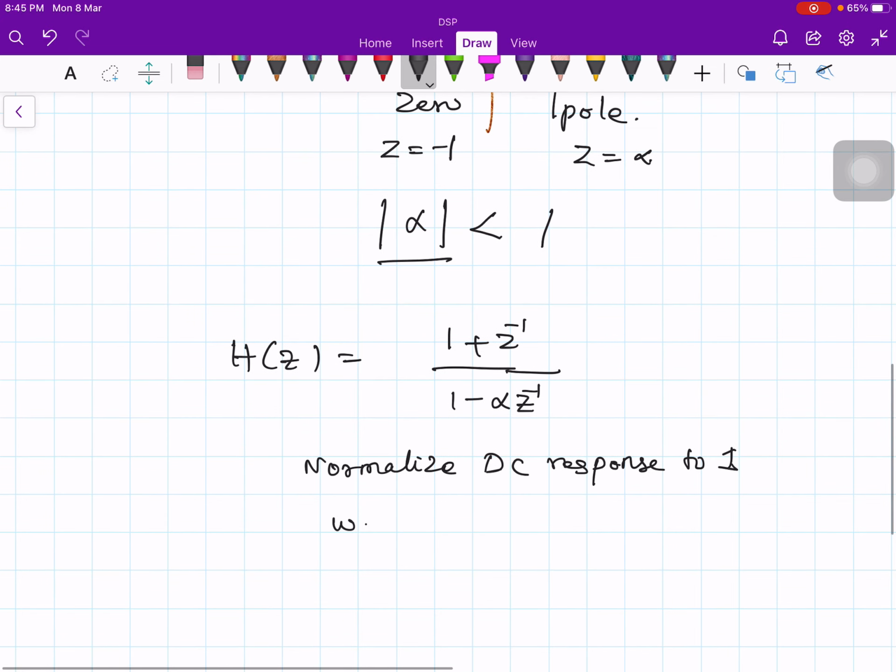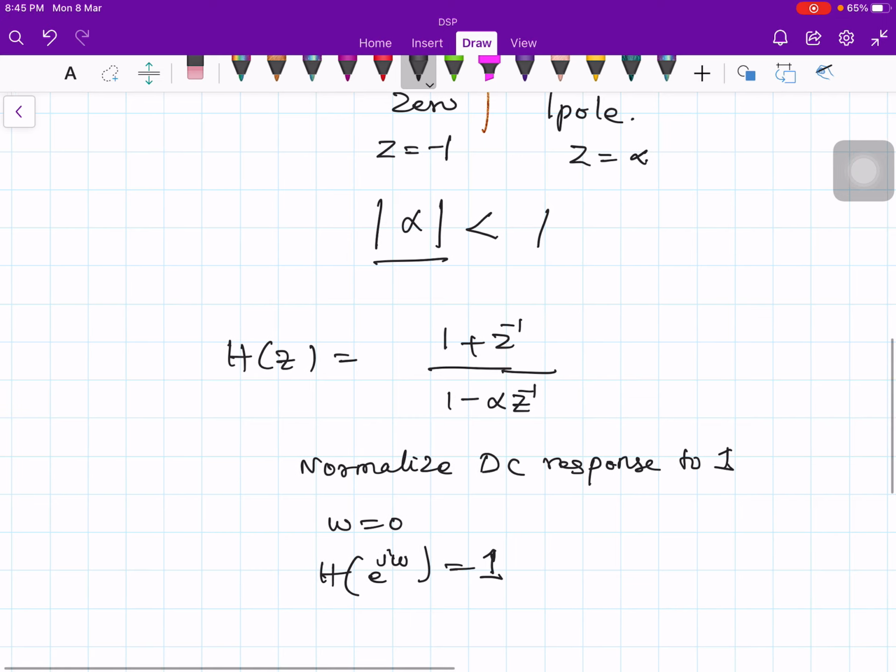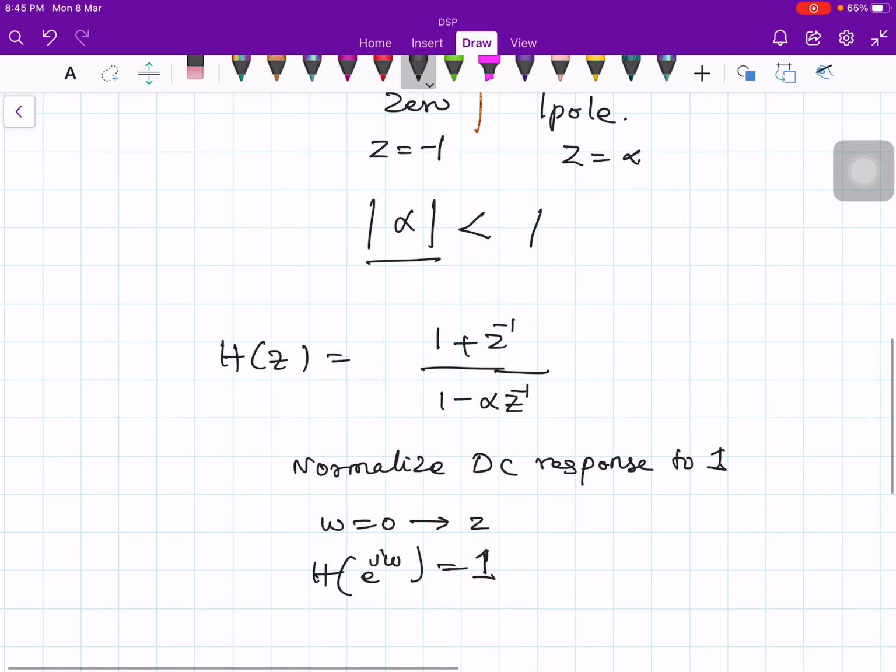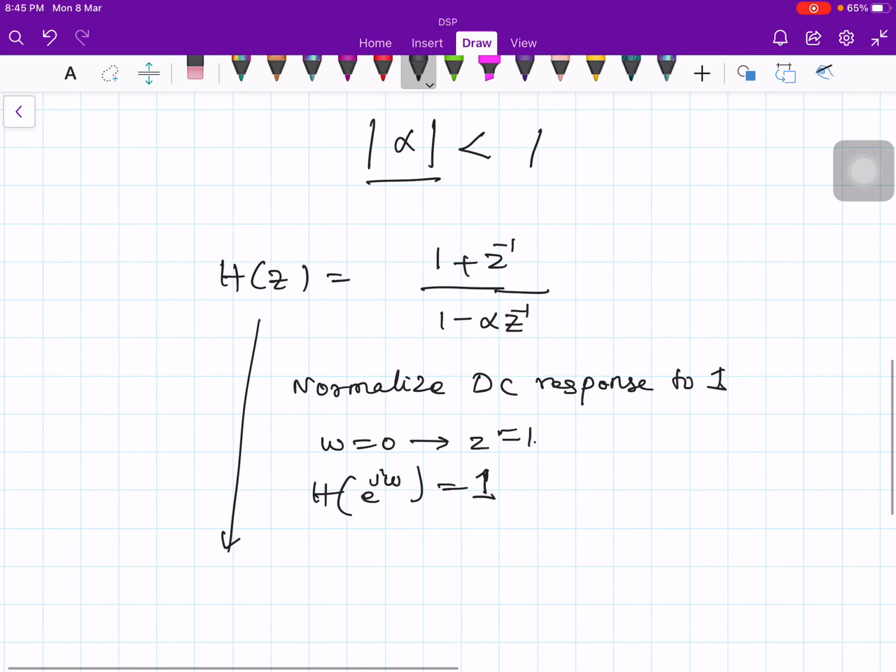When omega is equal to 0, H of e to the j omega is equal to 1. That is called normalization. Omega equal to 0 implies z equal to 1. So if we substitute z equal to 1, then H of 1 is equal to (1 plus 1) divided by (1 minus alpha), so this is 2 divided by 1 minus alpha.